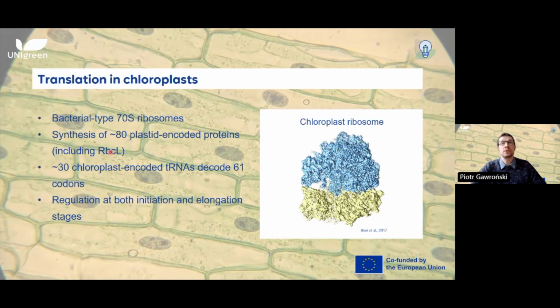And translation in plastids relies on about 30 transfer RNAs, tRNAs, that together can decode all 61 codons in the mRNA. And chloroplast translation can be regulated at two main stages, initiation and elongation. And first, I will focus on translation initiation.